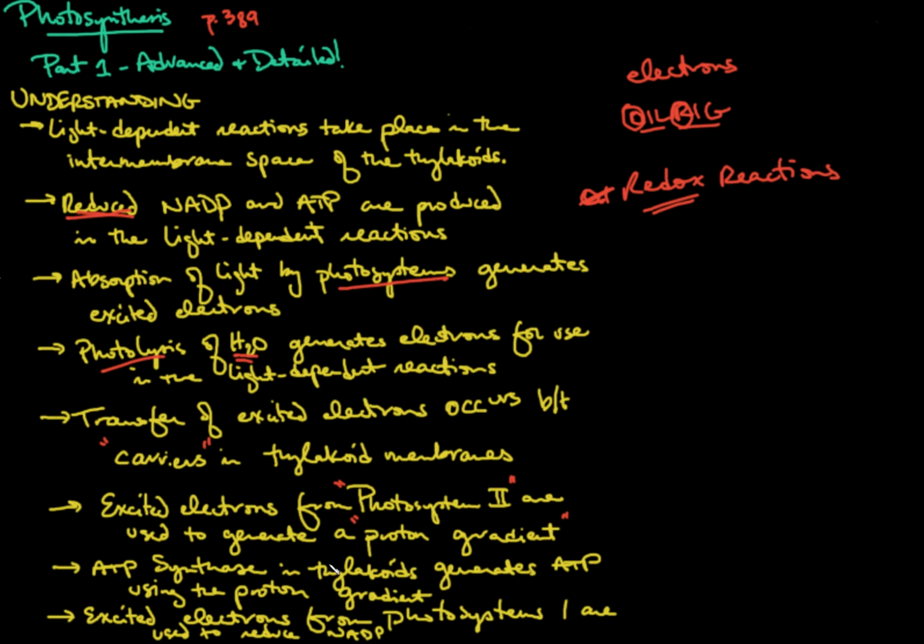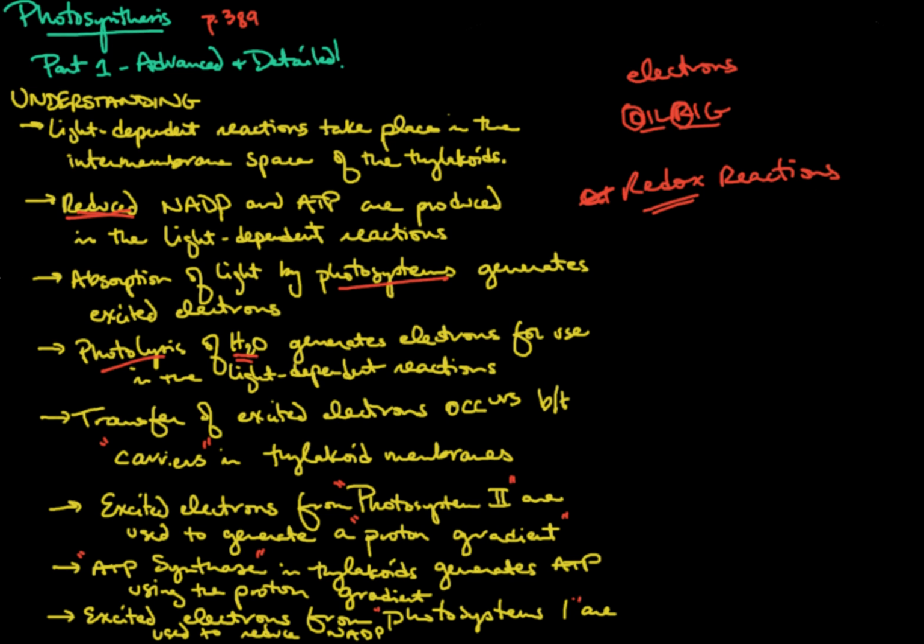An ATP synthase, a very specific molecule, a specific enzyme or protein, in the thylakoids generates ATP using the proton gradient. And then excited electrons from photosystem 1 are used to make NADPH. So there's photosystem 2 up here, and then photosystem 1 that comes later. And that's kind of a lot of words for this process.